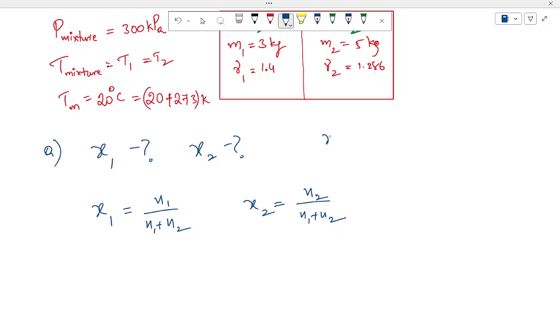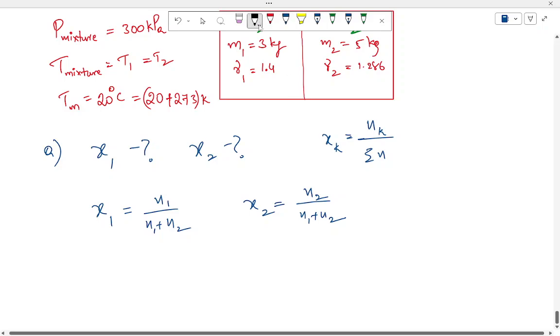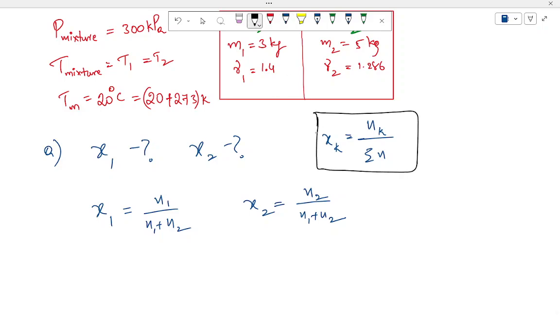How did we get this? Basically, xk is equal to nk by sigma n, which we have already written in the previous classes. So based on this formula we get these formulas here.